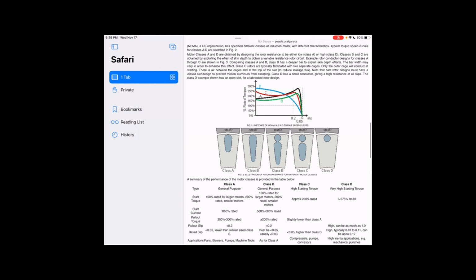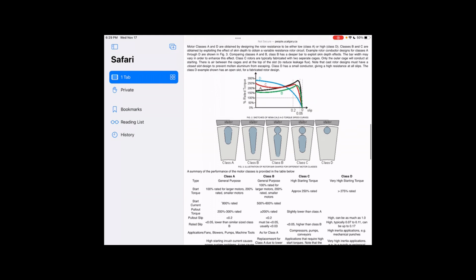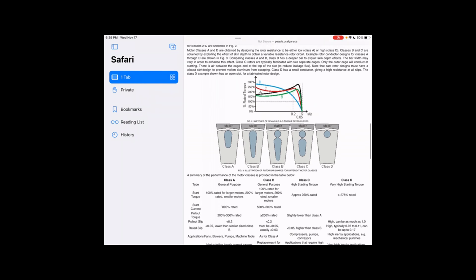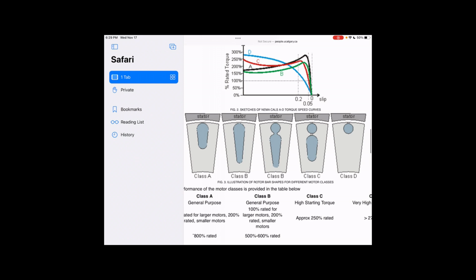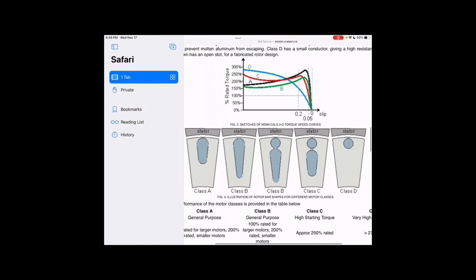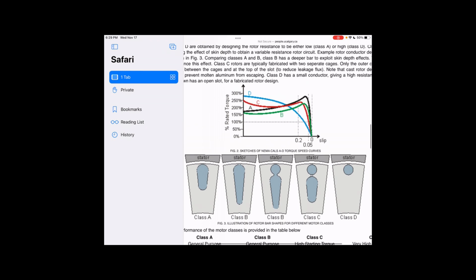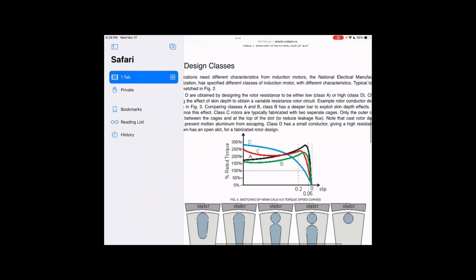The whole point is that it has different slots, or different shapes for your rotor bars, like we see here in the picture. With different designs like this, you have different resistances for the bars, and this will control your torque speed characteristics like you see in here.